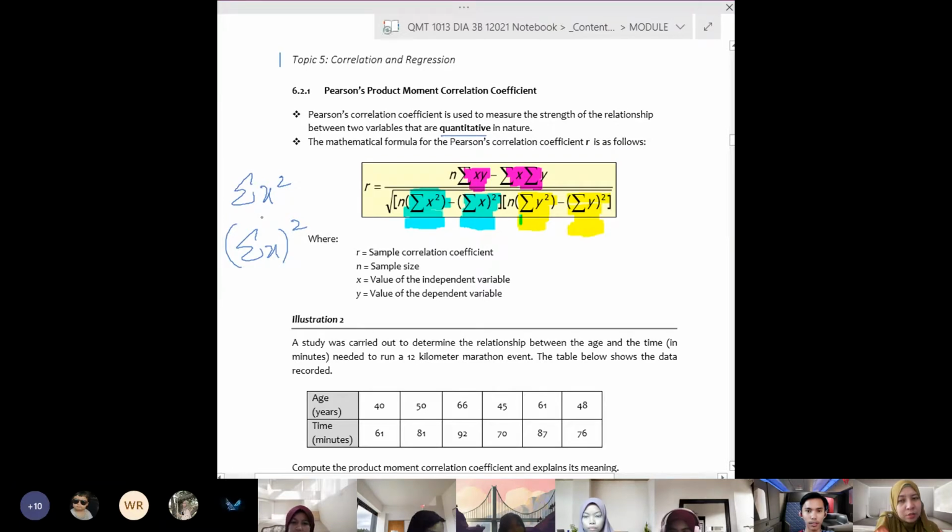We need to know the x value, the x value times the square value of x. First, you need to know your x square value. That means if you have your x here, you need to find a column of x square first. For this one below, we just need to know the value of x.